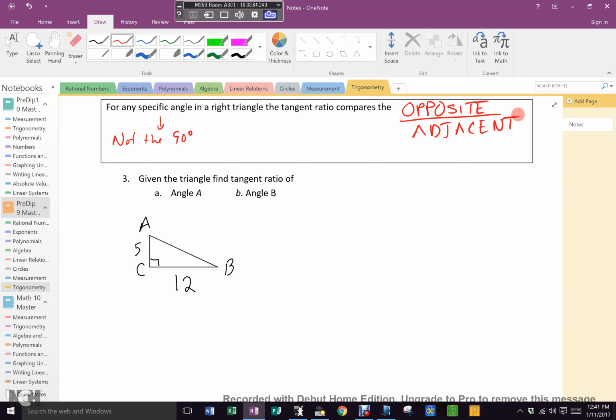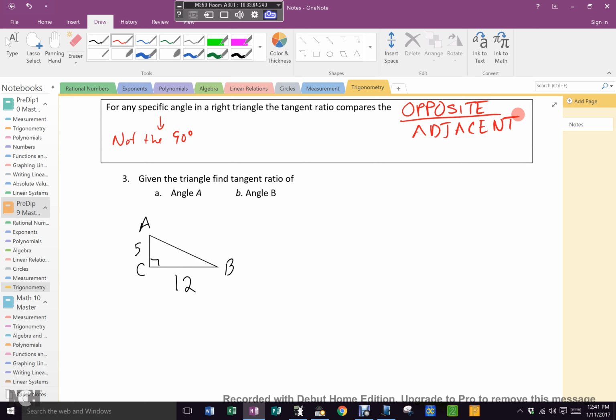Where's adjacent? Right here. Agreed? This is what it looks like, yeah? Me, Vicky, Vicky, Sophia, Sophia, me. So if I want to do a tangent, it would be Vicky, Sophia over Vicky, me, right?